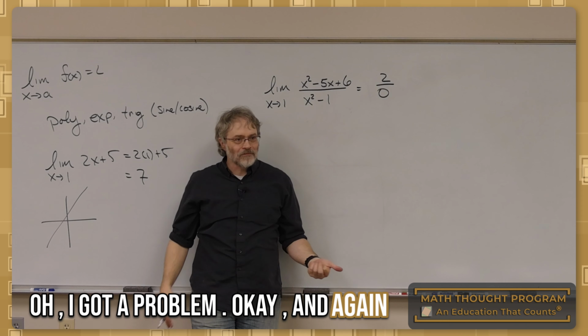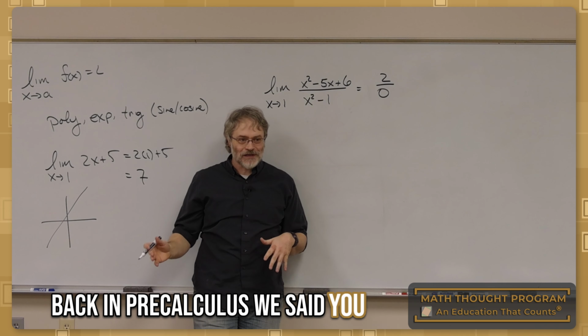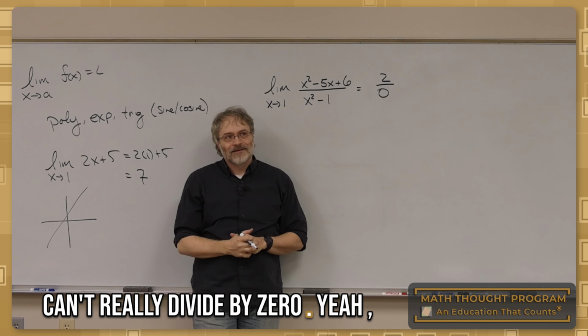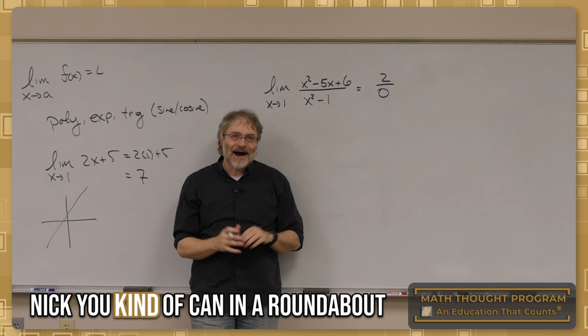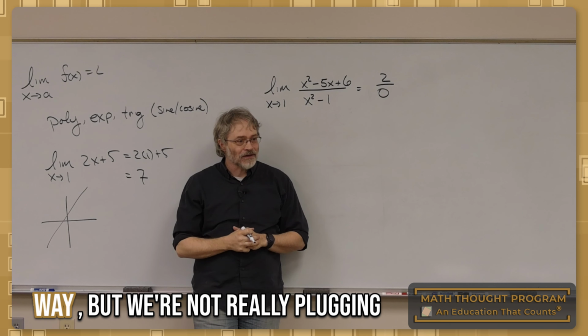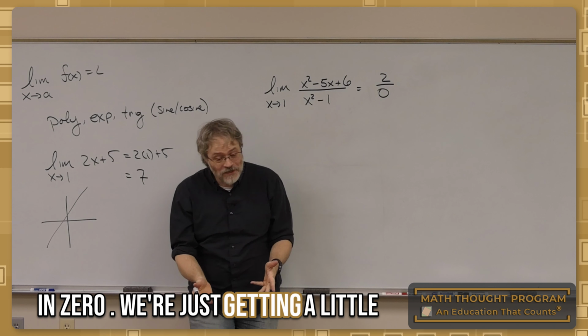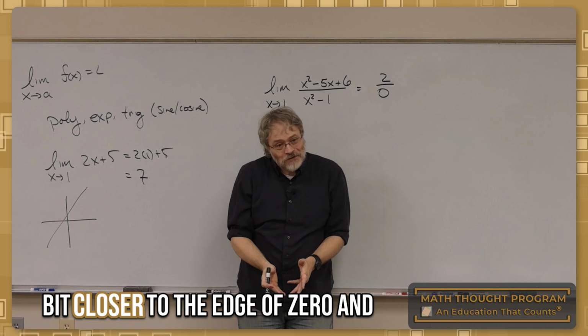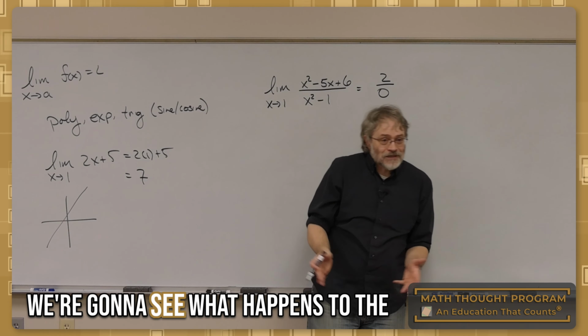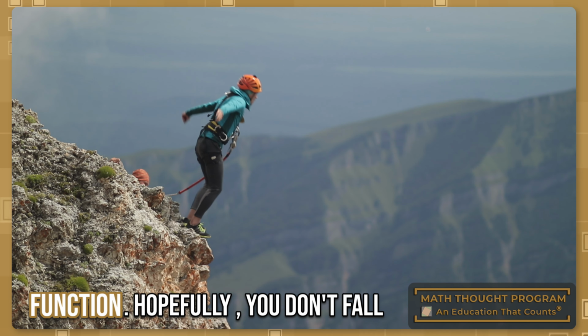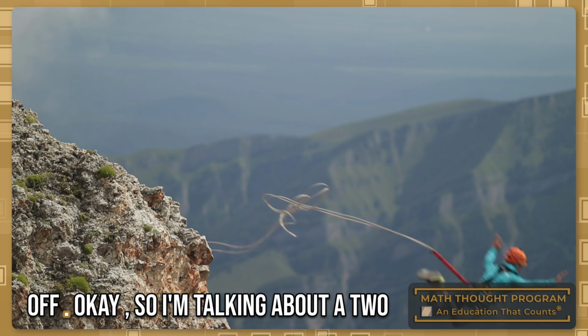Back in pre-calculus, we said you can't really divide by 0. I guess you kind of can in a roundabout way, but we're not really plugging in 0. We're just getting a little bit closer to the edge of 0, and we're going to see what happens to the function. Hopefully you don't fall off.